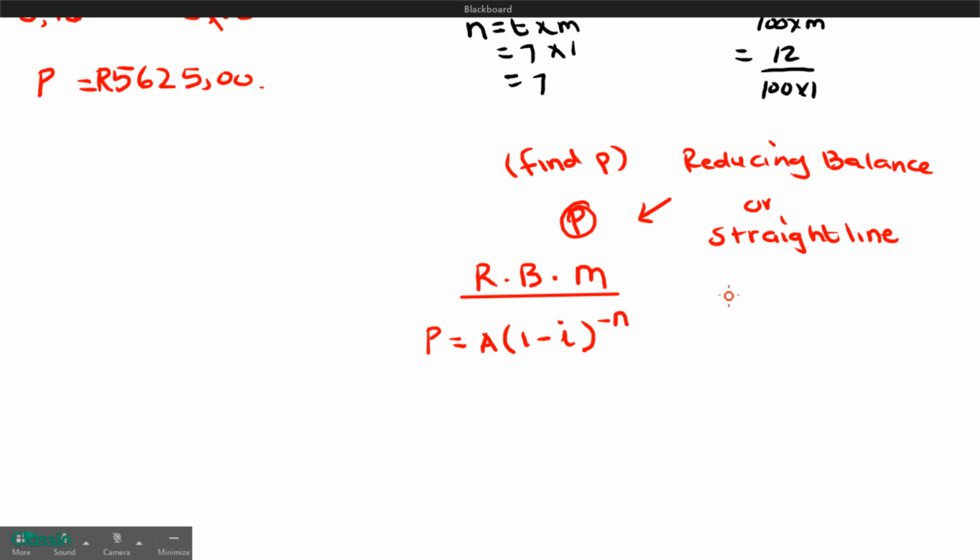Okay? But if you are using a straight line method and you are also looking for the value of P, you can say P is equals to A open bracket 1 minus I multiplied by N close bracket exponent negative 1.